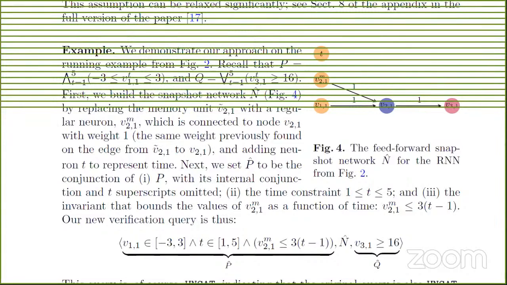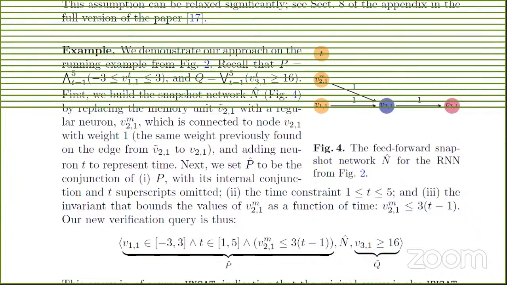So for verification, you can transform the RNN verification query into a feed forward neural network verification query, and this is what the transformation looks like. Then you can argue that these transformations are an over approximation. Therefore, whenever the property holds in the transformed network, then it holds in the original network also. This is the summary of the story so far.